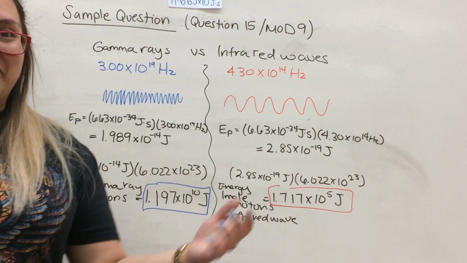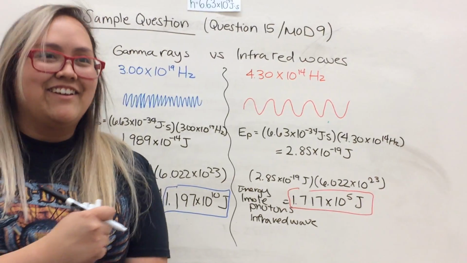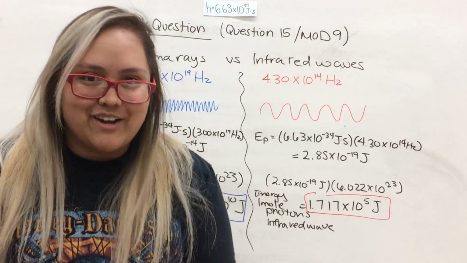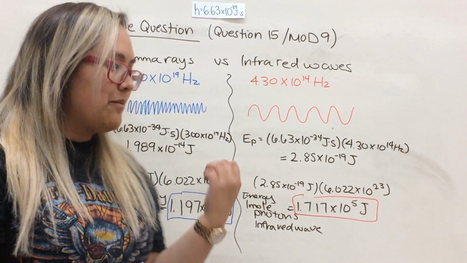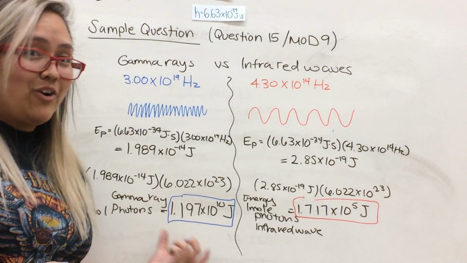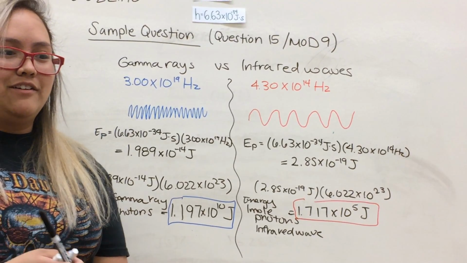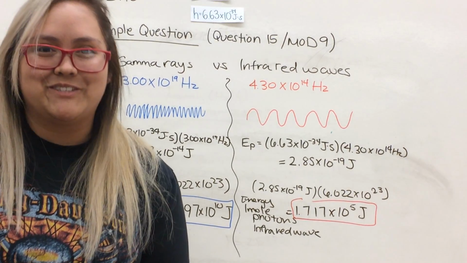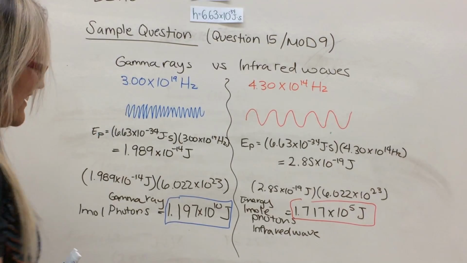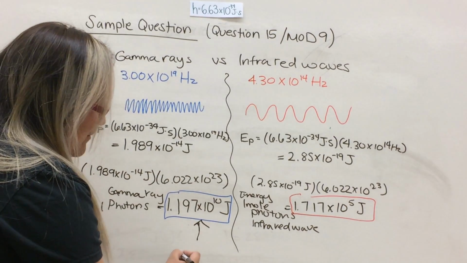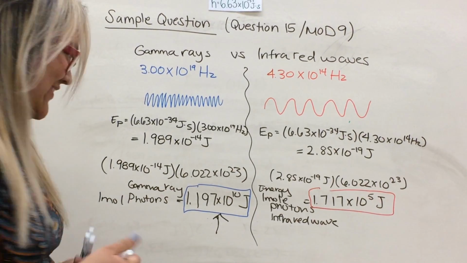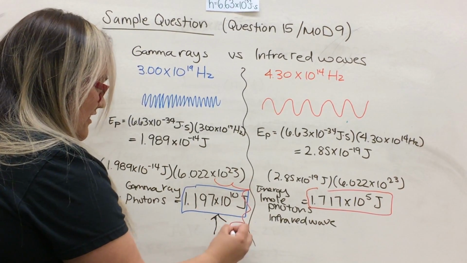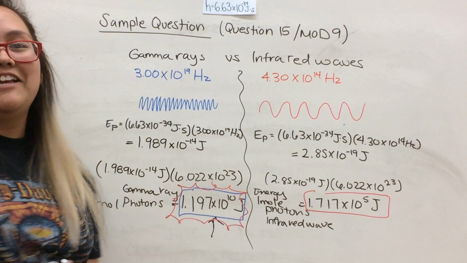If a gamma ray photon hits your skin versus an infrared wave photon, the gamma ray, which has a lot more energy, will be more hurtful to you. So we know that we don't want gamma rays to hit our skin because they have more energy.